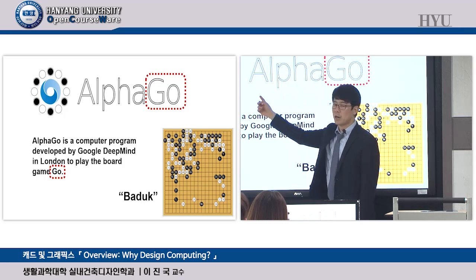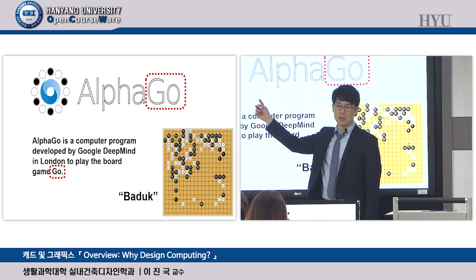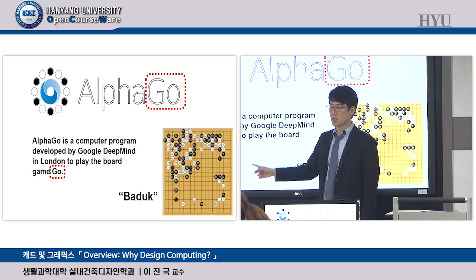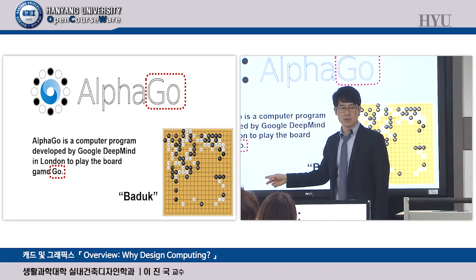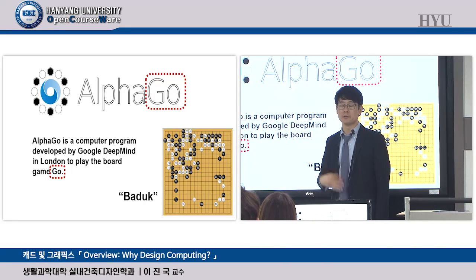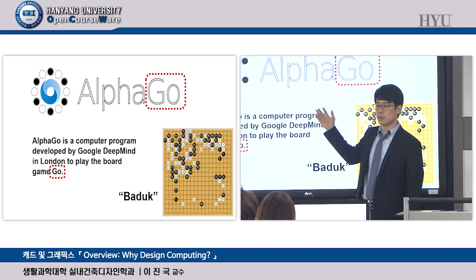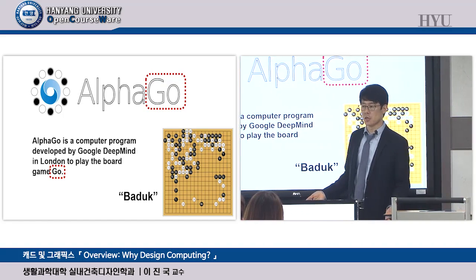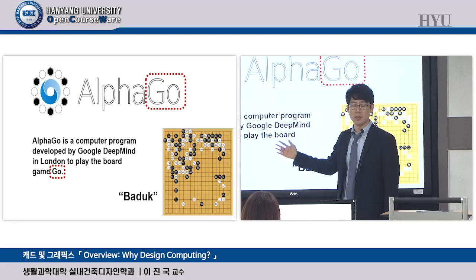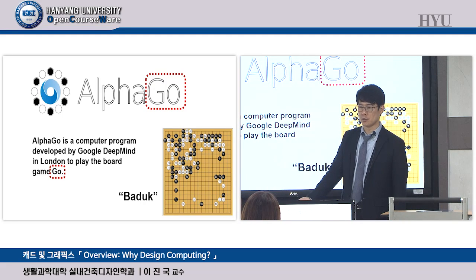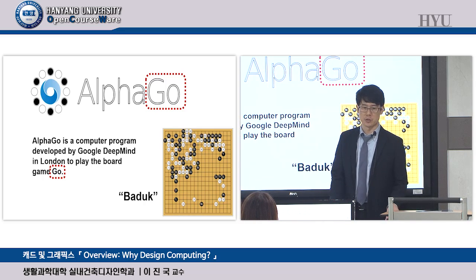And what is the meaning of alpha? Alpha usually means A. A means initial, okay? The first. In the software industry, in the software environment, we usually say alpha version. Alpha version means initial version, early draft, not a mature version.